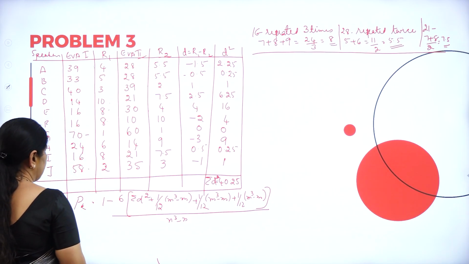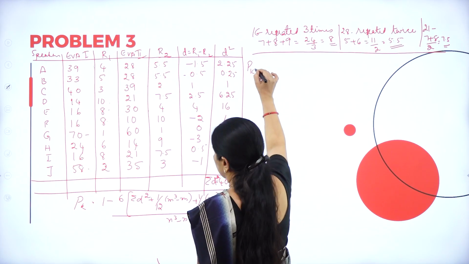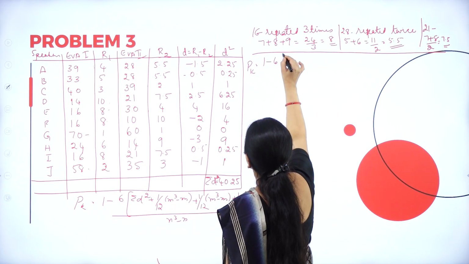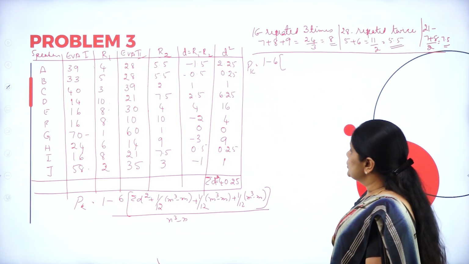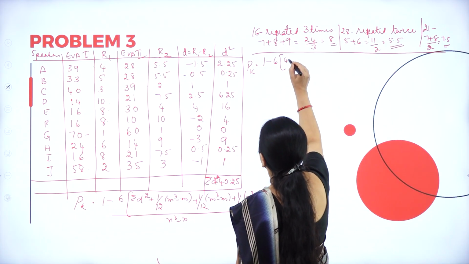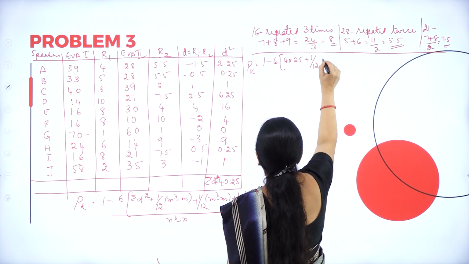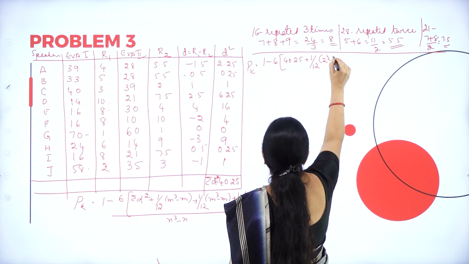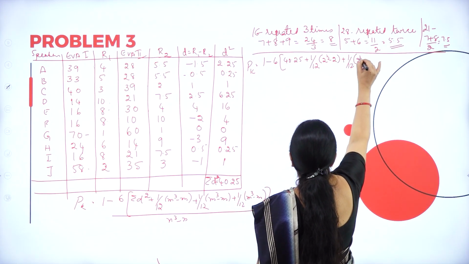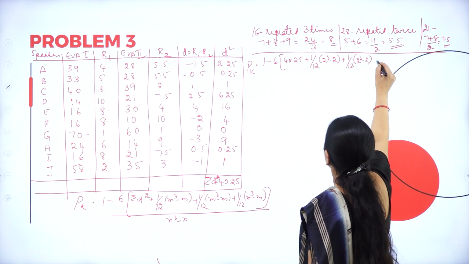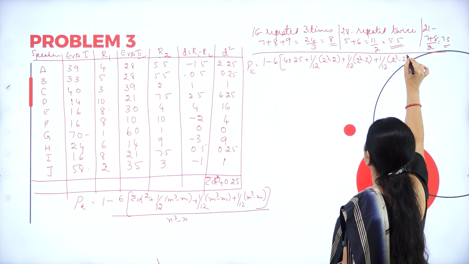So the rank correlation will be 1 minus 6 into sigma d square, which is 40.25, plus 1 by 12 into 2 cube minus 2, plus 1 by 12 into 2 cube minus 2, plus 1 by 12 into 2 cube minus 2.